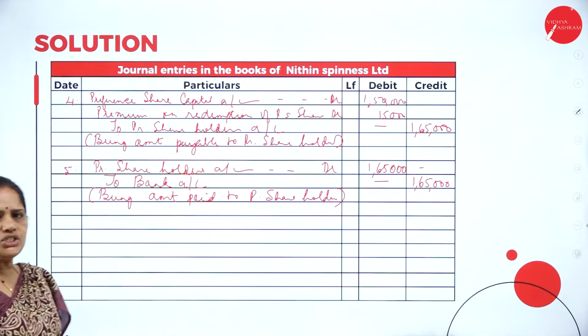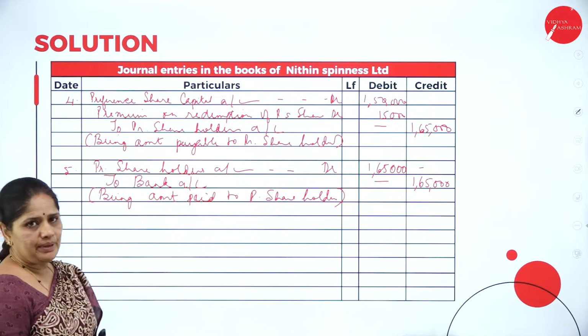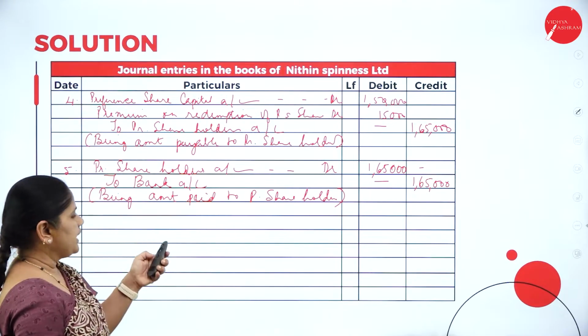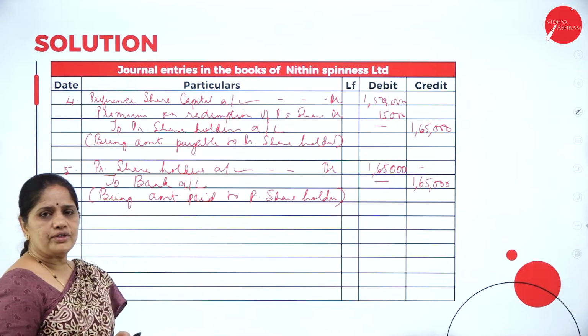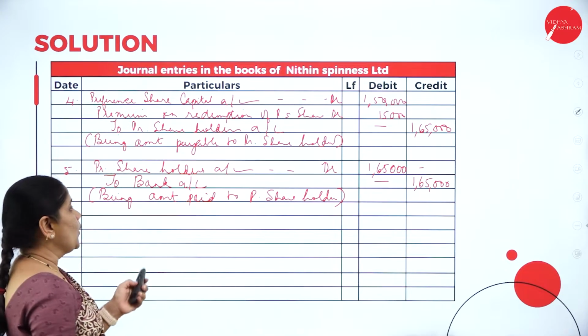So these are the journal entries which we have to pass. So totally 5 journal entries here. So we have made the payment for the preference shareholders.